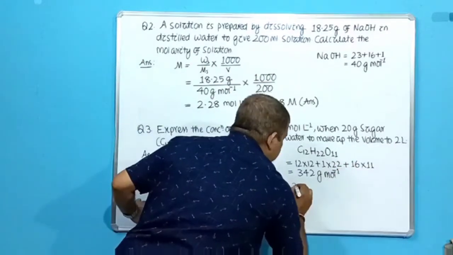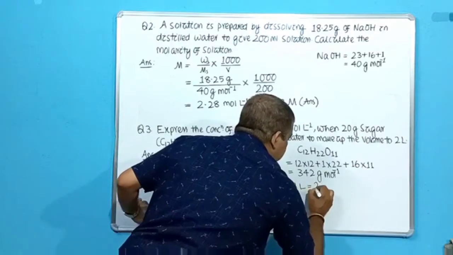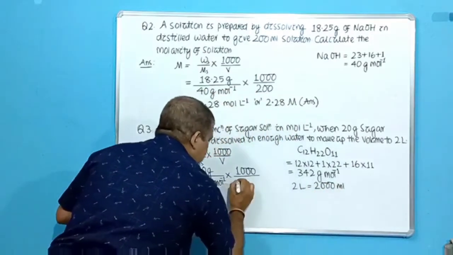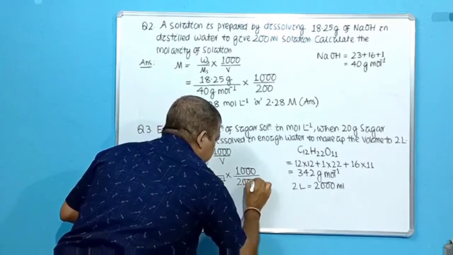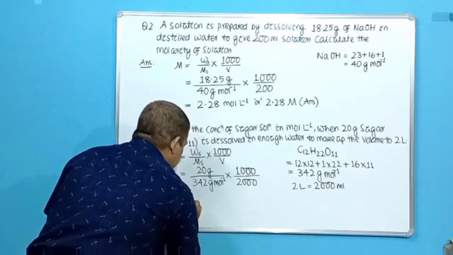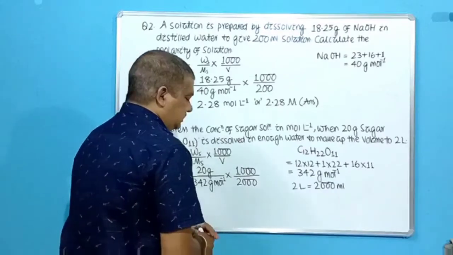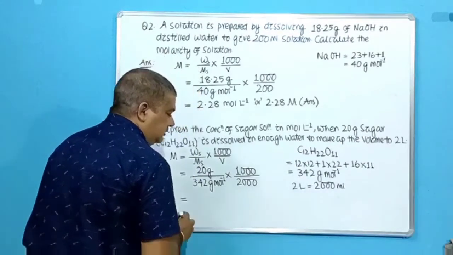You know 2 liter will be equal to 2000 milliliter, divided by 2000. So what will be the answer? Now it will be 1 by 2, so it will be 0.029.